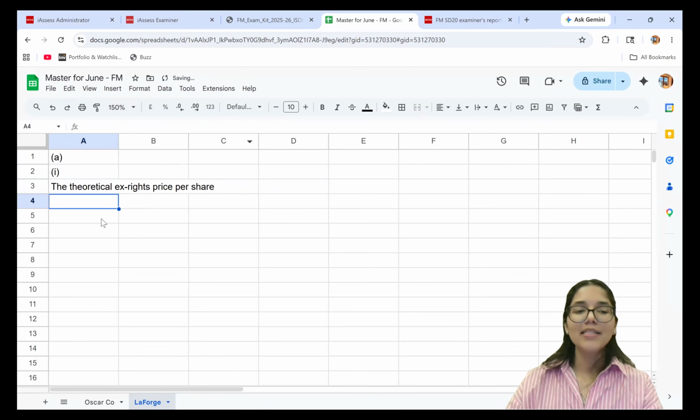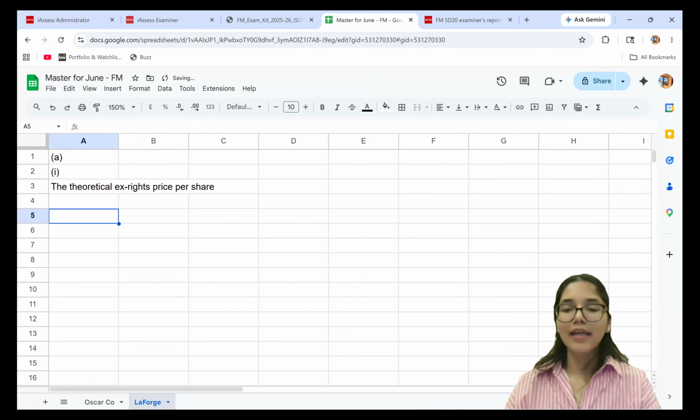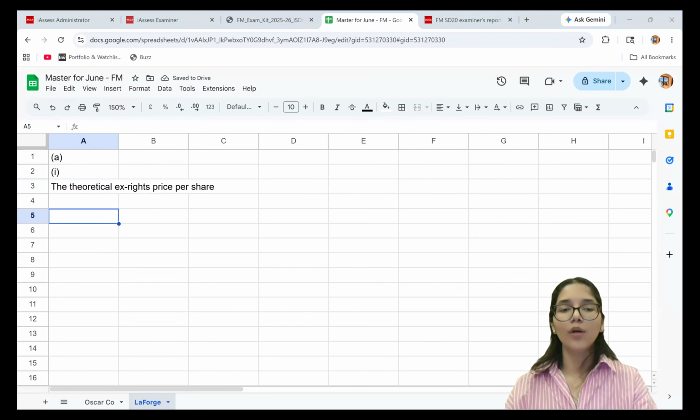So TERP basically has been asked, guys, how do we calculate the TERP? Can you people quickly tell me the formula or what's the approach that we follow to calculate TERP? How do we calculate TERP? Come on, guys, this is very, very easy.